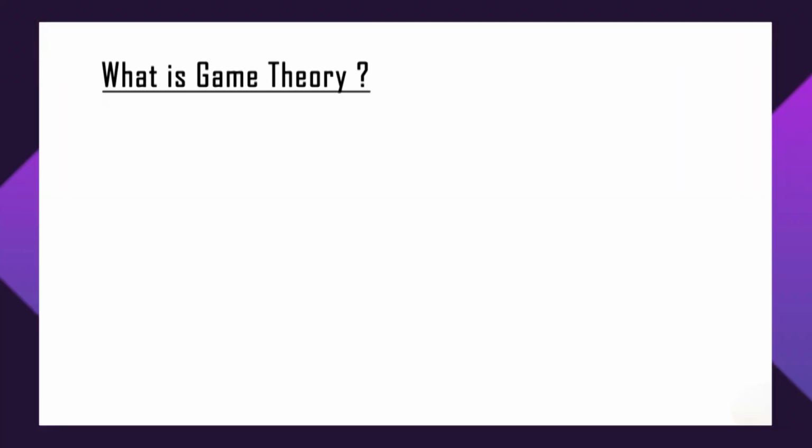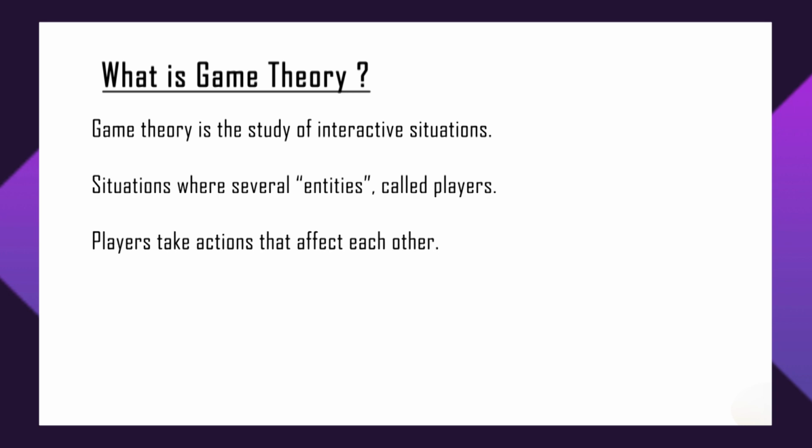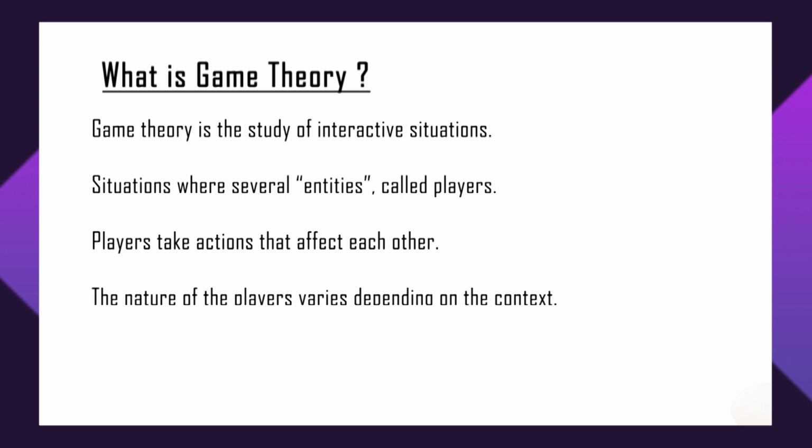What is game theory actually? It is about interactive situations. What are the situations? Situations where players are involved. What are the players? Players are those who have independent and individual actions in the game that affect each other.